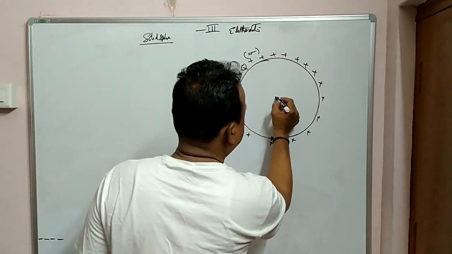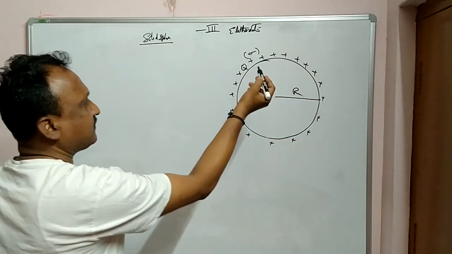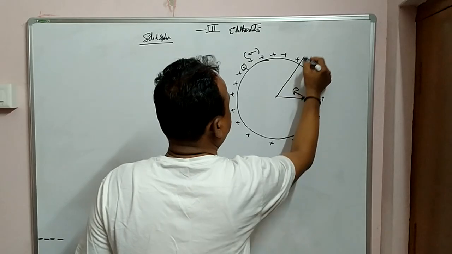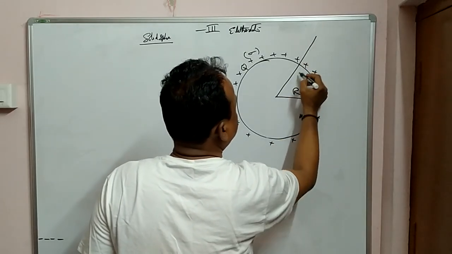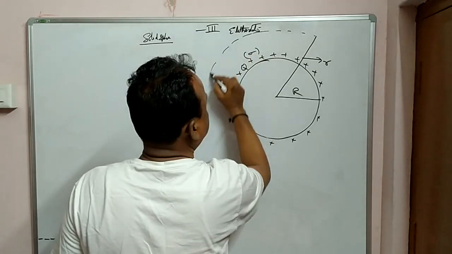Suppose this is the center of the solid sphere, and let the radius be capital R. First of all, let us go for outside the sphere, and let us take this radius as small r. Now what will the Gaussian surface look like?